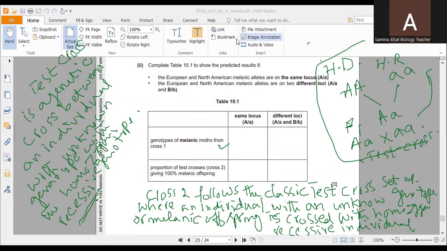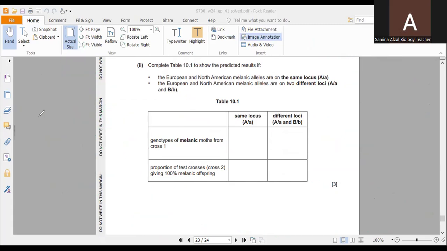Next question. Complete table 10.1, which shows the predicted results if the European and North American melanic alleles are on the same locus, capital A, small a, and the second scenario, where the European and North American melanic alleles are on two different loci, so capital A, small a, capital B, small b.